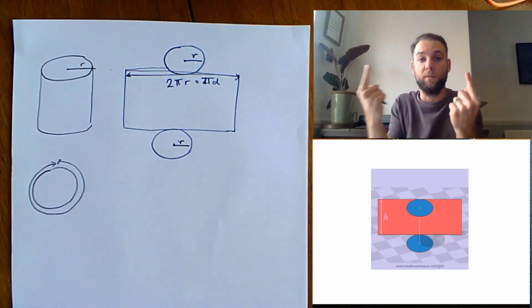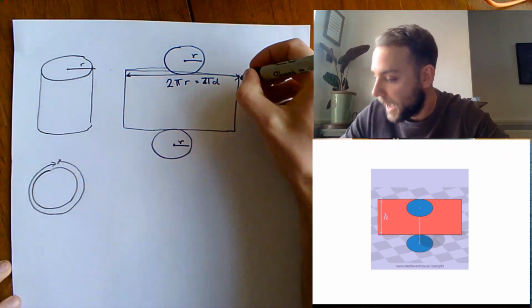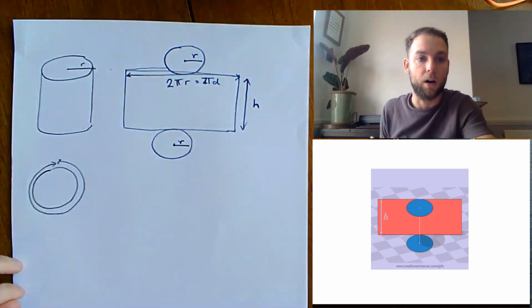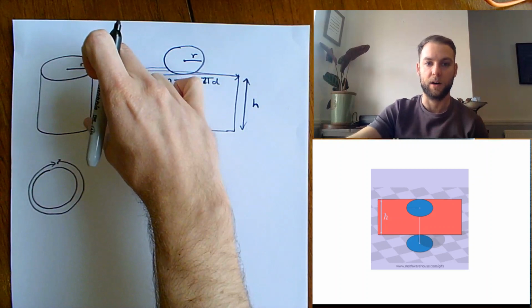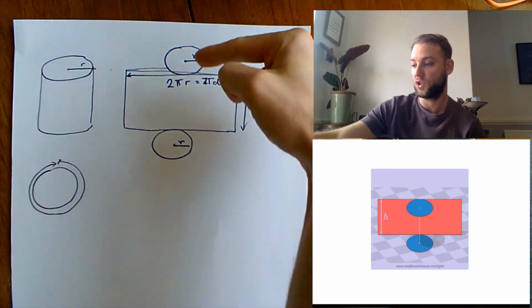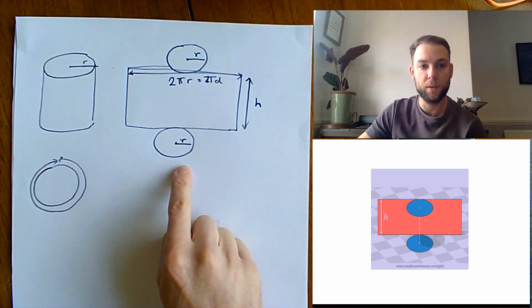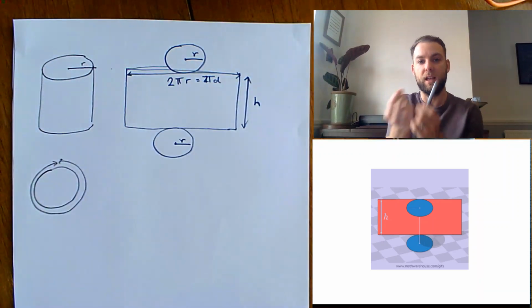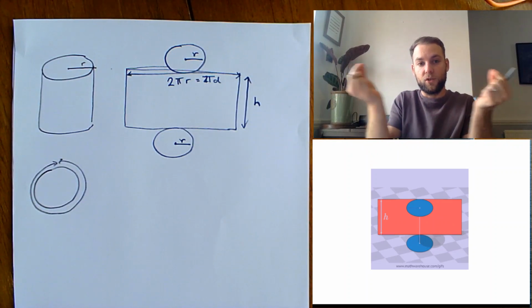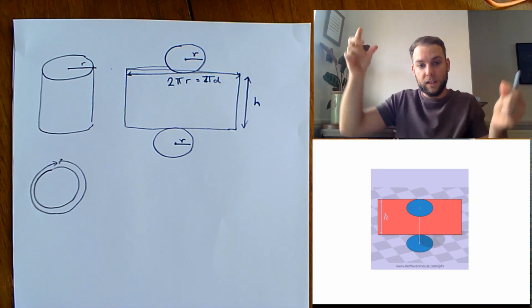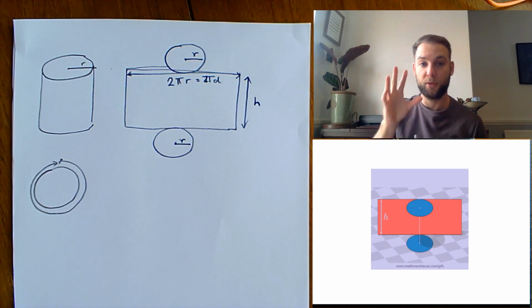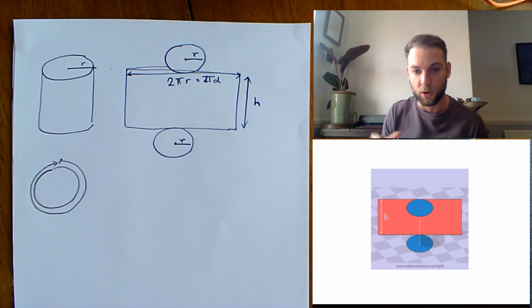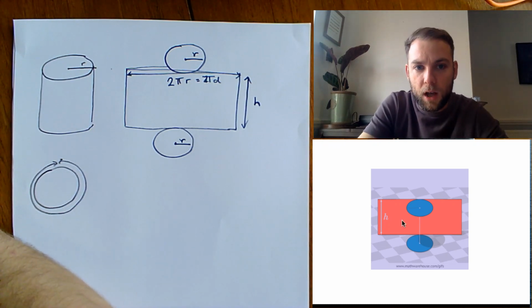And this here is going to be the height of our cylinder. So we've got 3 parts: the circle at the top, the circle at the bottom, and a rectangle with the width being the circumference and the height there.